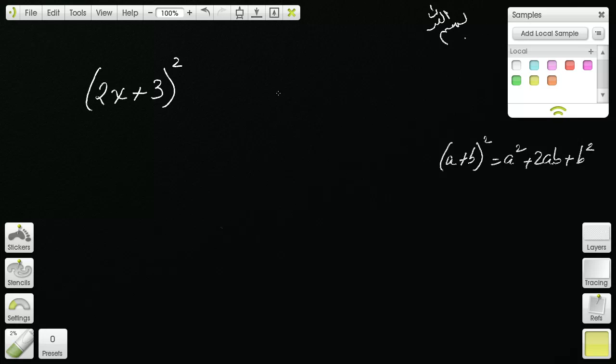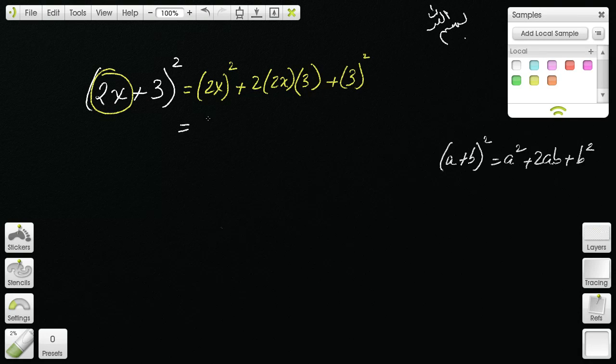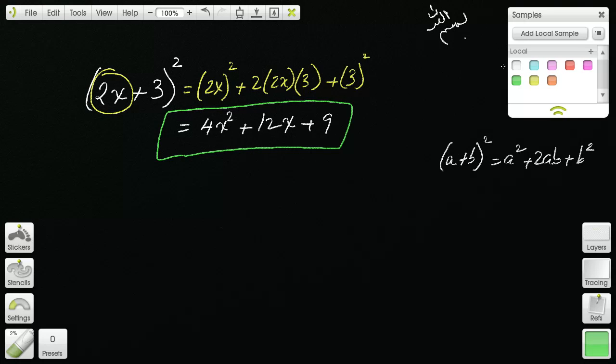In this case, this is a, 2x squared, plus 2 times a times b, plus b squared. So here I get 4x squared plus 12x plus 9. That's that.